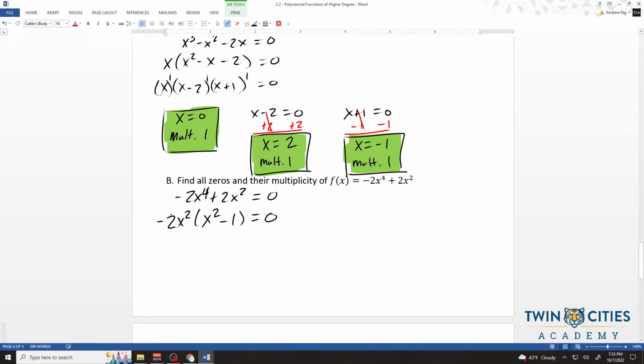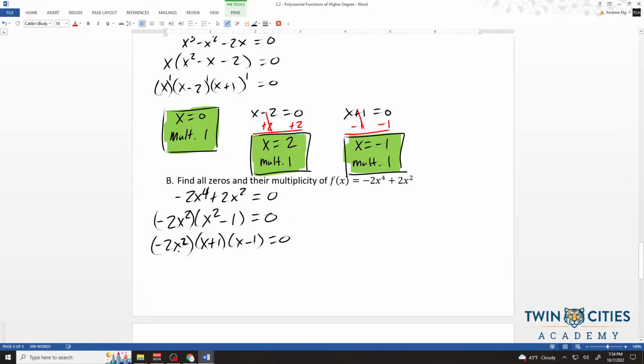All right, so here I can factor x squared minus 1. This is a difference of squares. So this will factor to x plus 1, x minus 1. And I've still got negative 2x squared here. And these are my zeros.